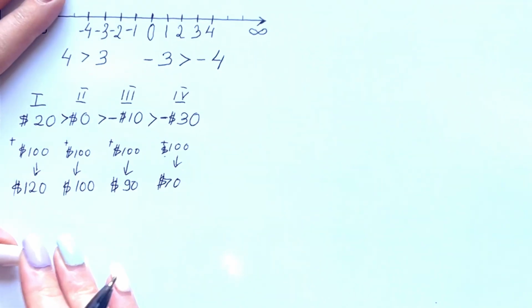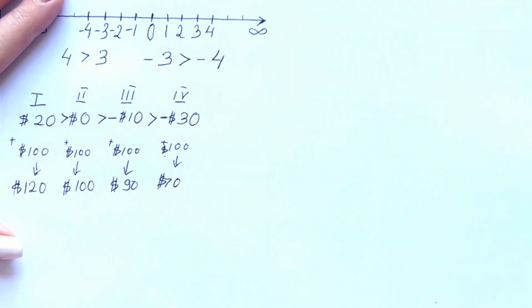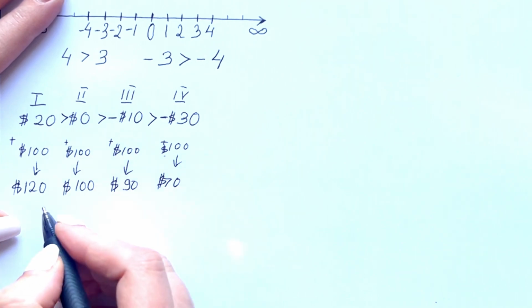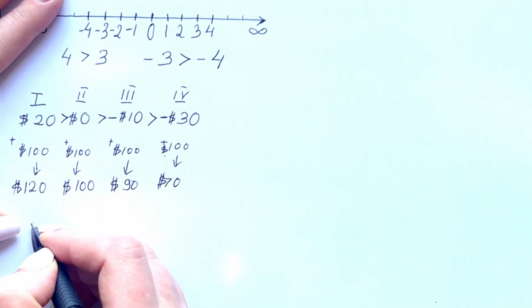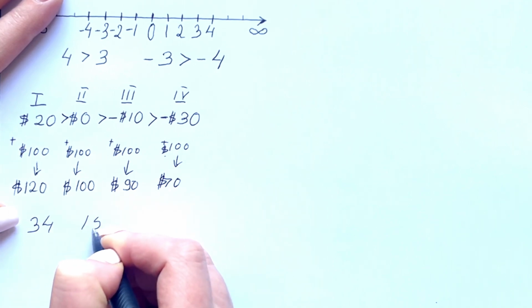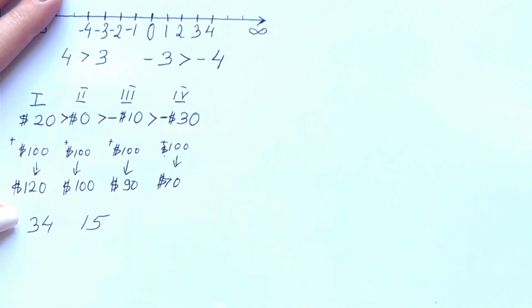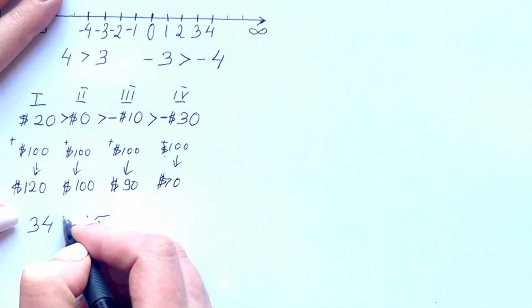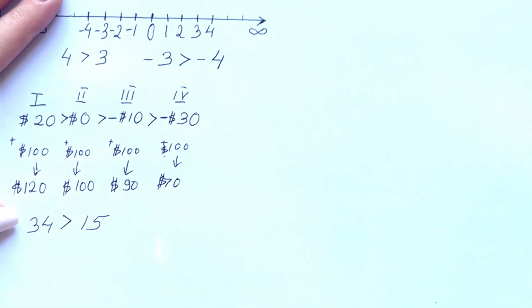Okay, let's look at a few examples. If two numbers are positive, let's say I have 34 and 15. How do I compare these two numbers? Okay, 34 is greater than 15. 34 is further to the right on the number line than 15. It's easy, yes?